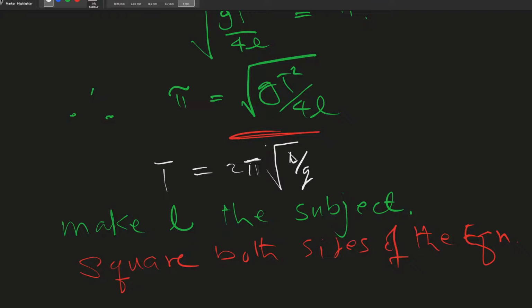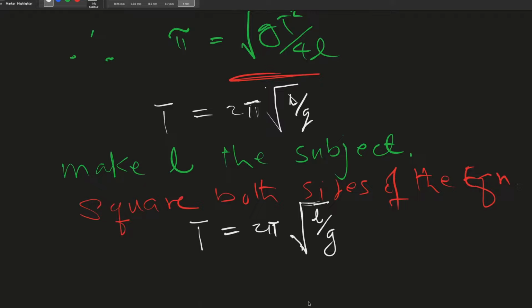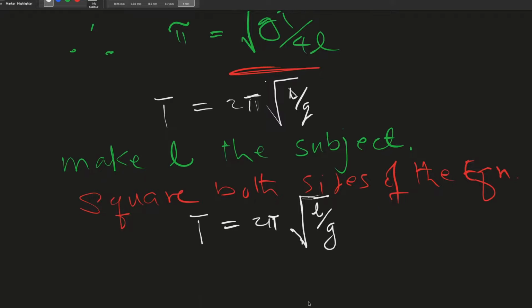So let's put our equation so easily that everybody can understand. So we have T is equal to 2 pi square root of L over G. So what we said is we're going to square both sides of the equation.